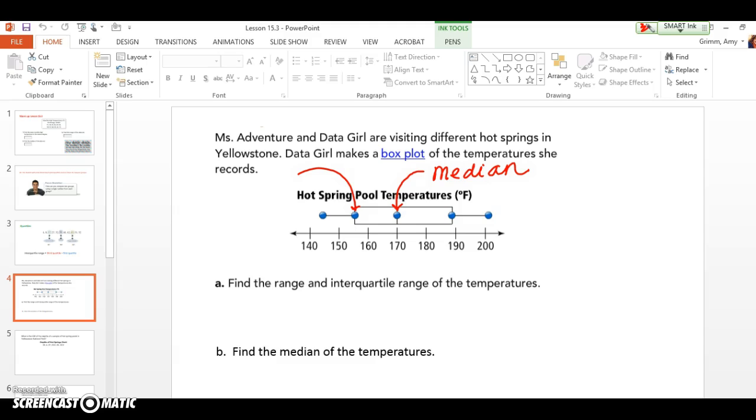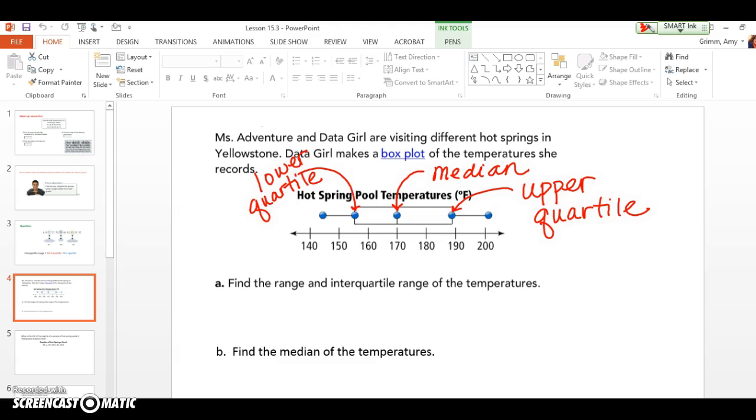Yes, it is. And what do you think this is? The upper quartile. Good. That is the upper quartile.